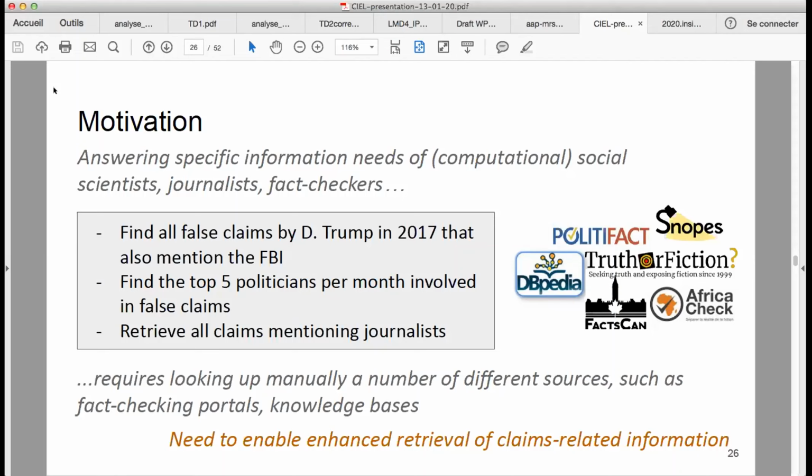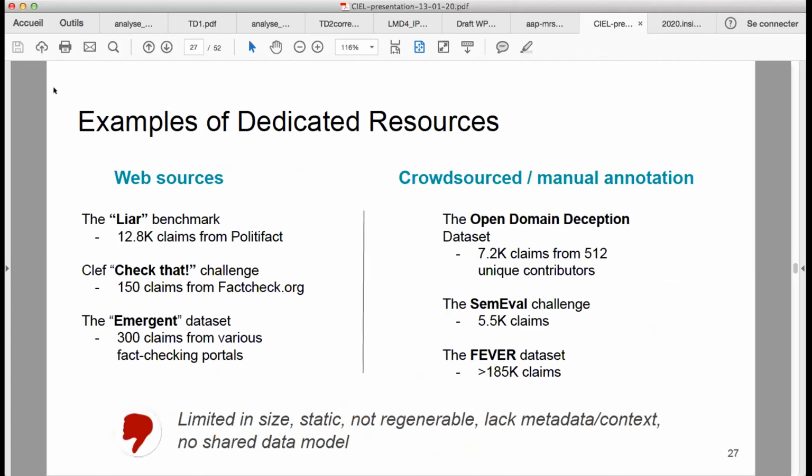Of course, the need here is to enable an enhanced retrieval of claim-related information, in the sense of centralizing somehow these distributed sources so that one could access this currently distributed data by a single query.